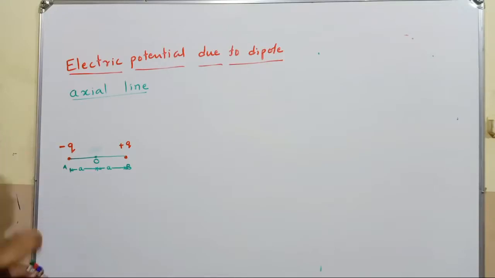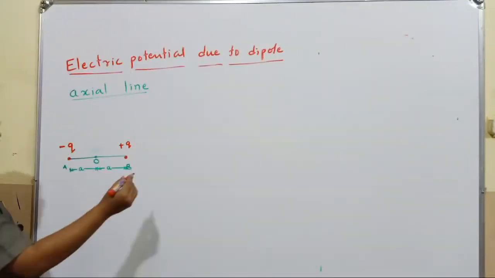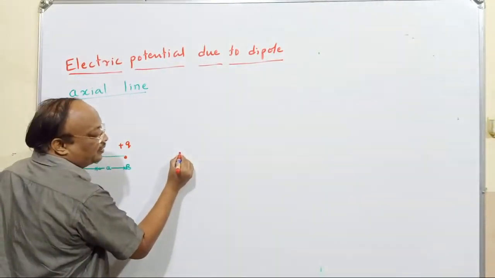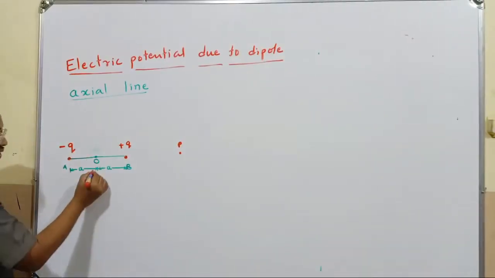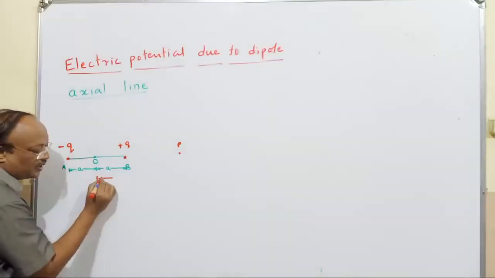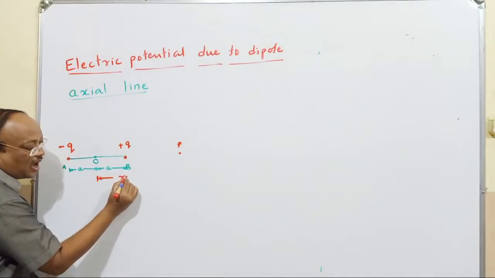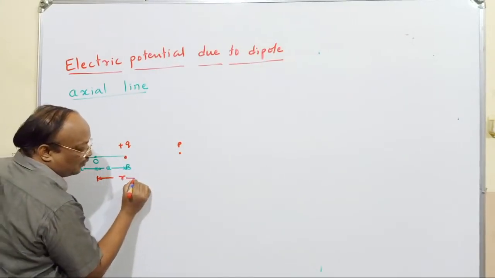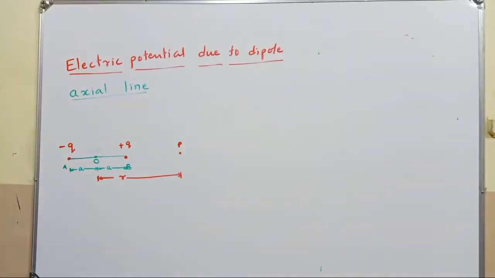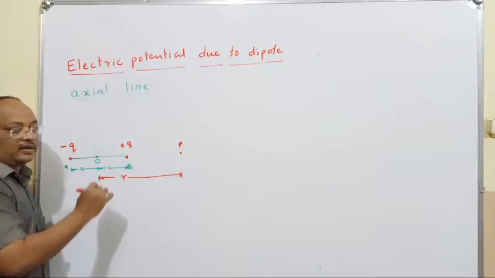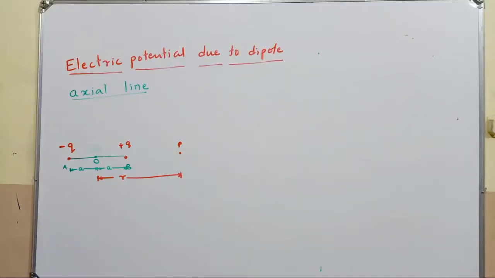I want to find out the electric potential at a point on its axial line, at somewhere here at a point P, which is at a distance r from the center of the dipole.